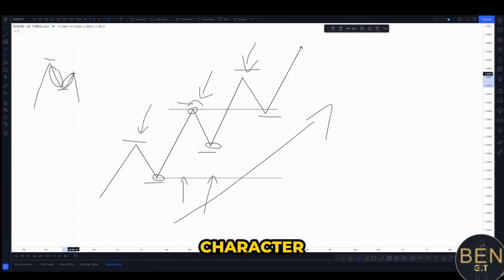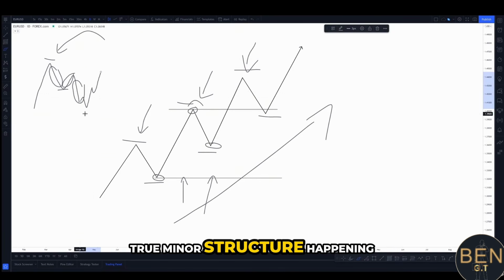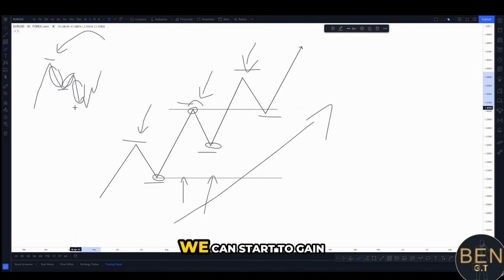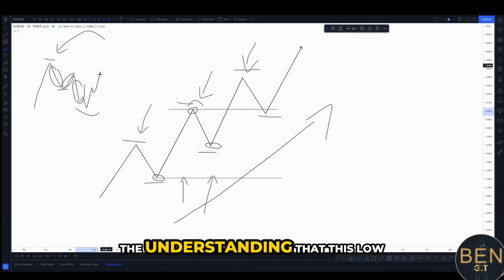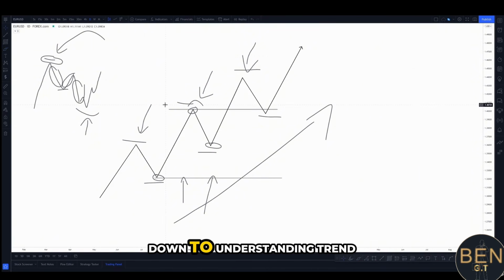Once we see a change of character, this would be minor structure. But if we don't actually see a true follow through that targets this previous high, then that substructure can continue before we start to see true minor structure happening. Once that happens, we can start to gain the understanding that this low is potentially protected and that this high is targeted. And again, this all comes back down to understanding trend.